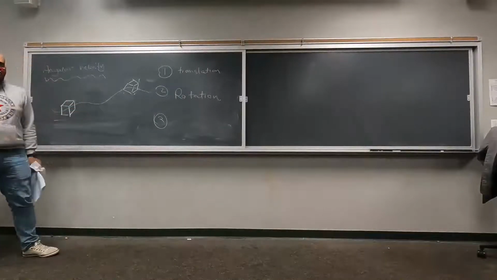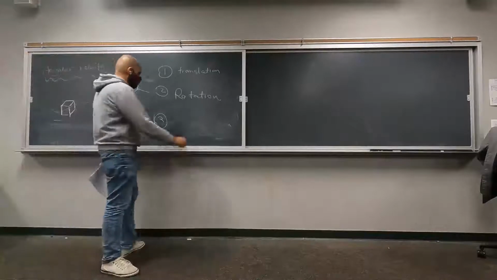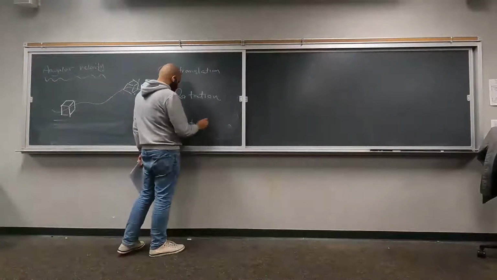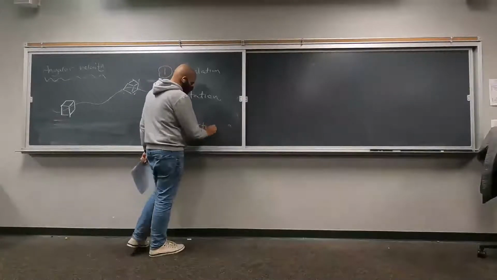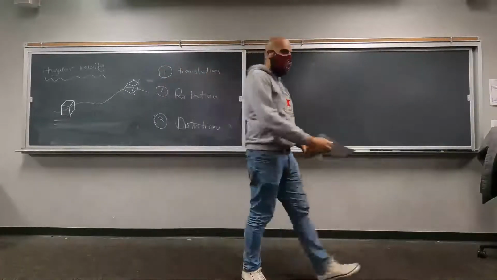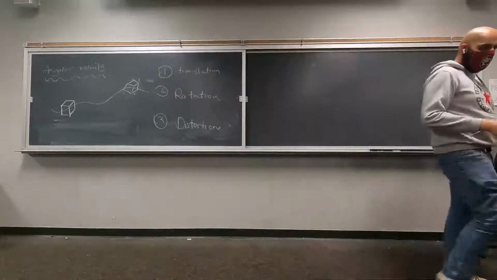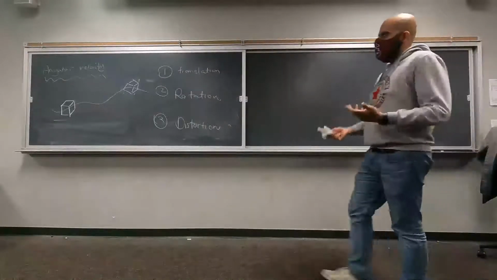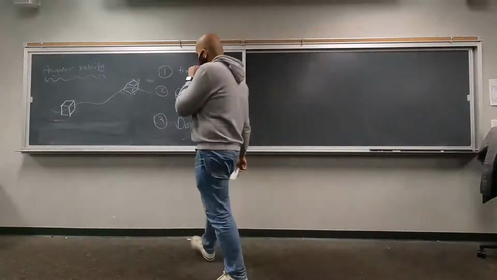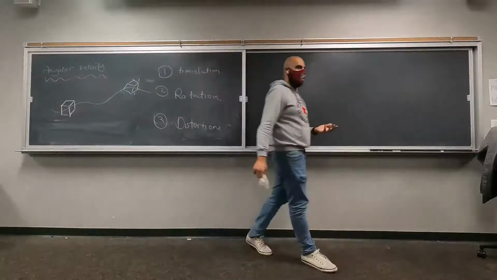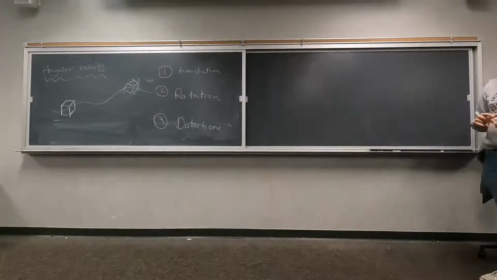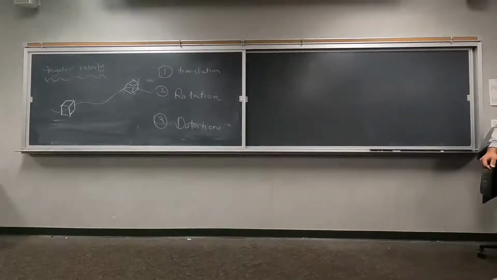I already have a distorted cube there. So three types of motion: translation, rotation, and distortion. And a fluid movement in general is a combination of the three. Some of them can be present in some types of fluid movement, and some of them can be present in other types.